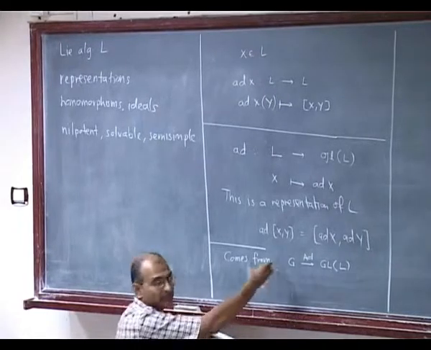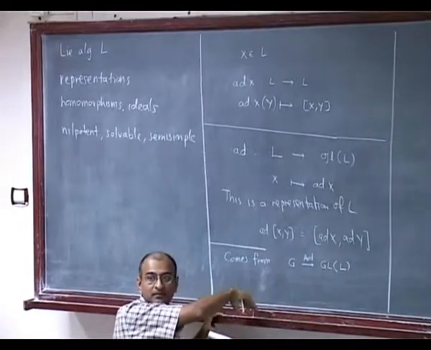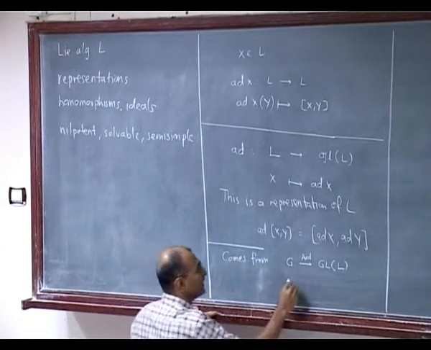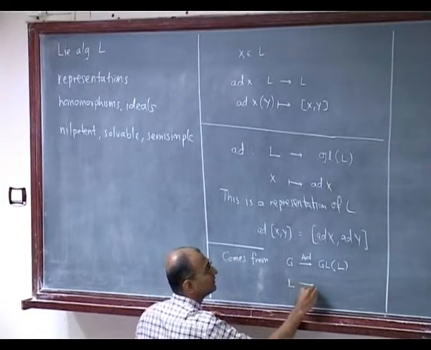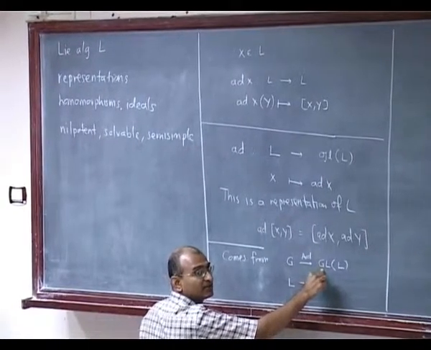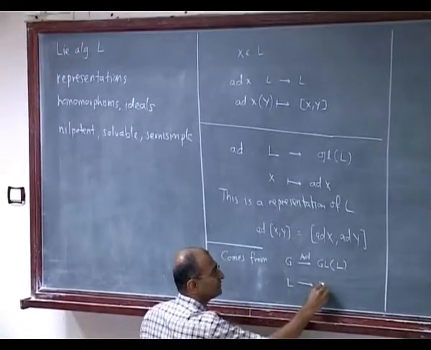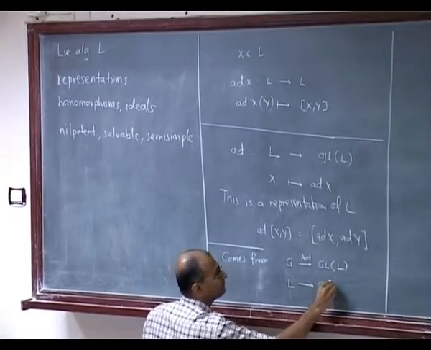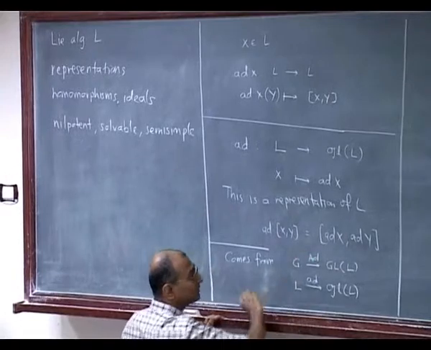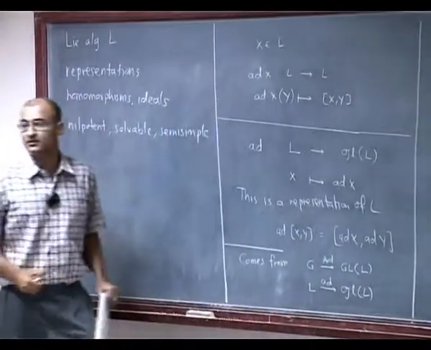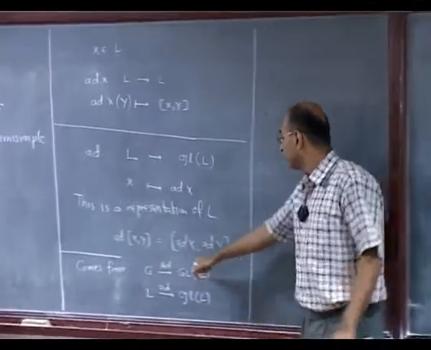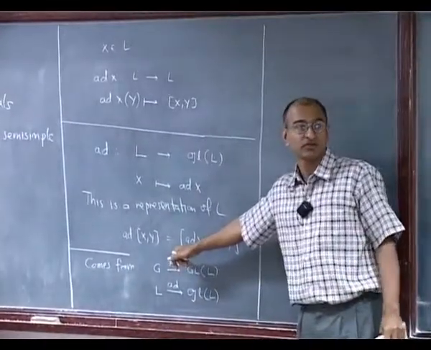And now when you take the derivative of this map, you go to tangent spaces on both sides, and here you get L. The tangent space to the group G at identity is the Lie algebra of G, and the derivative of the map big Ad is the small ad. So it actually comes from something, and the map big Ad comes in a way from conjugation.